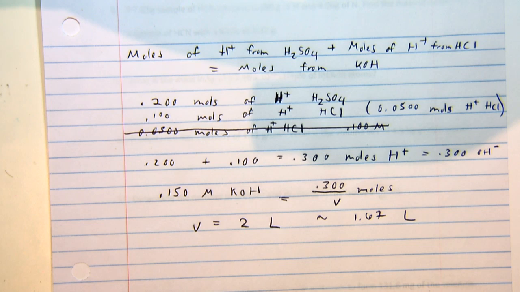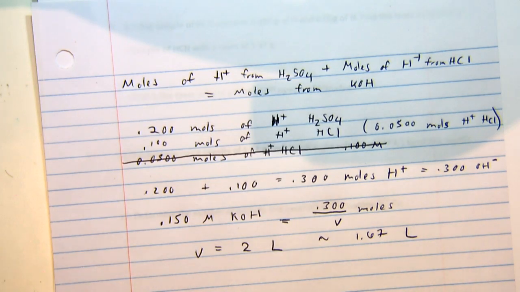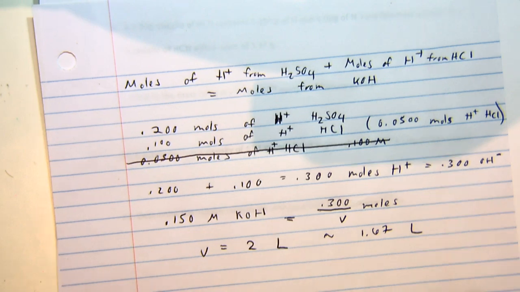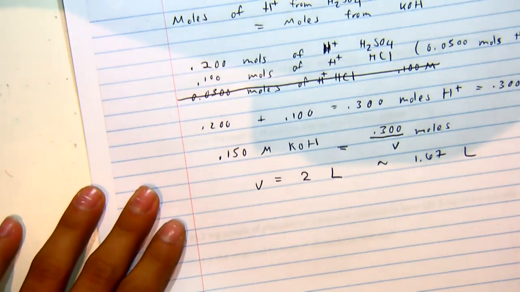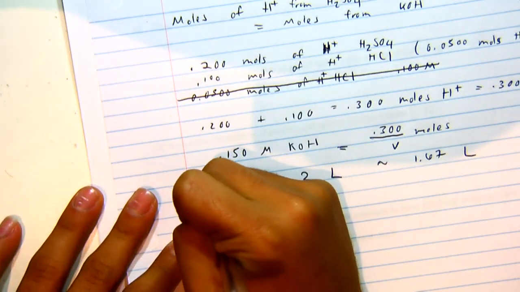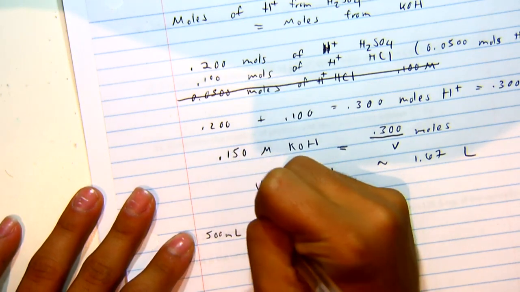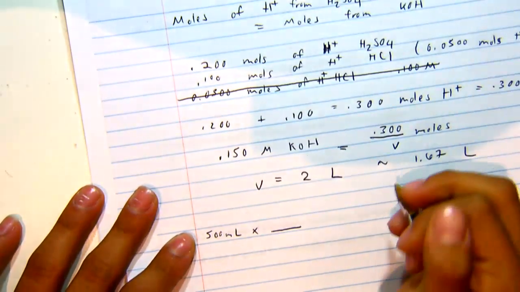Because to completely neutralize the moles of the acid, it has to equal the moles of the base. That everybody gets, right? Okay. So because we have 0.200 molar of the acid, and we're given only 500 milliliters, we would have to convert, first of all, to liters.